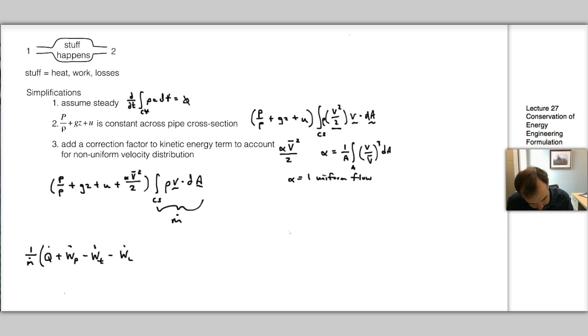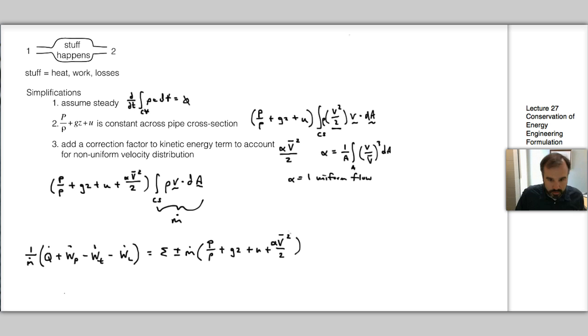So it's going to be W_L dot, so it's just work done by losses, is equal to the summation of plus or minus m dot times P over rho plus gz plus u plus V bar squared over 2 alpha.